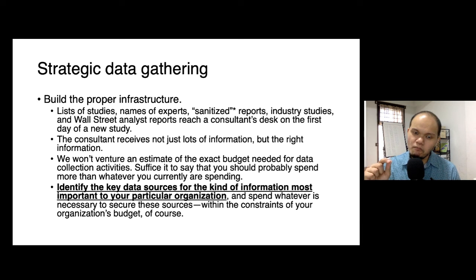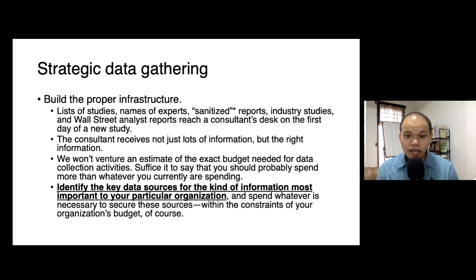Now, in setting this infrastructure in place, it is important to identify, above all, your key data sources for the kind of information most important to your particular organization. It's one thing to have your team in place, all the systems running, but if you don't know where to source your information, all these resources that are at your disposal are nothing. They're not going to get you far.